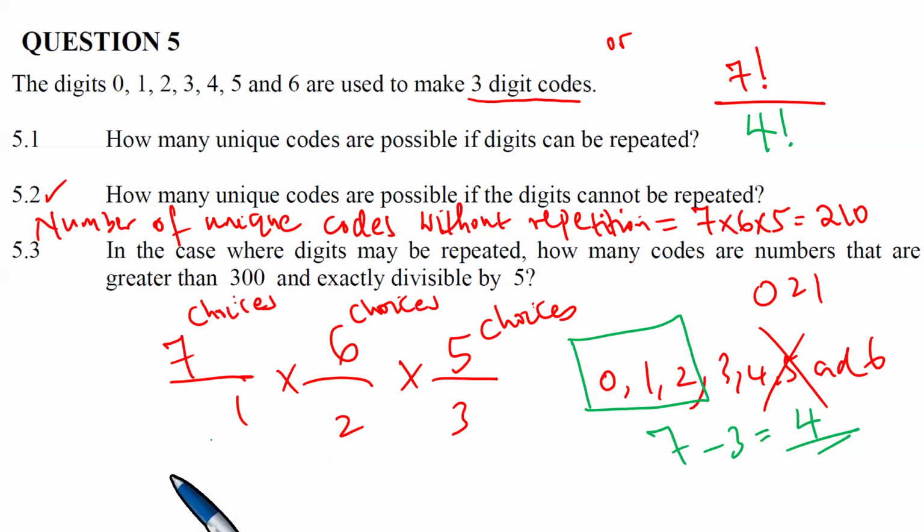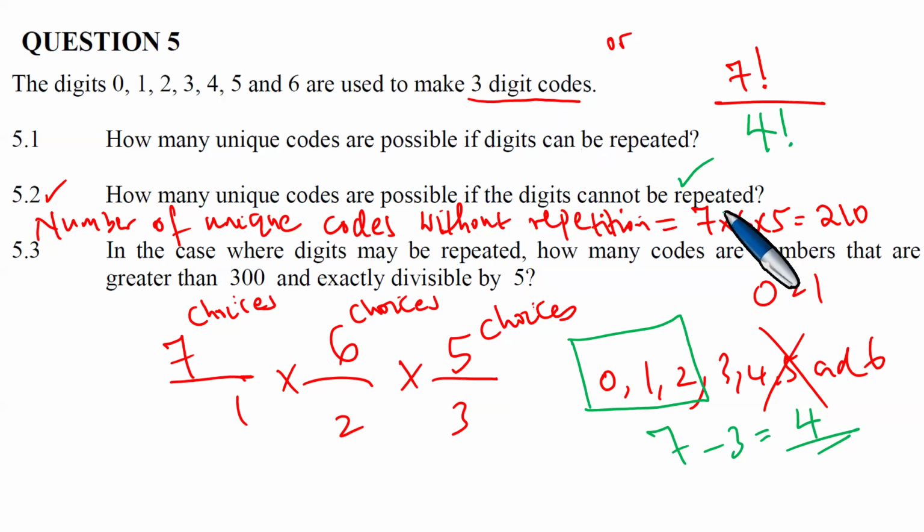So in other words, you have a total of 7 digits, and there are no repetitions, and therefore you have 7 factorial. Then you say you have 3-digit codes.